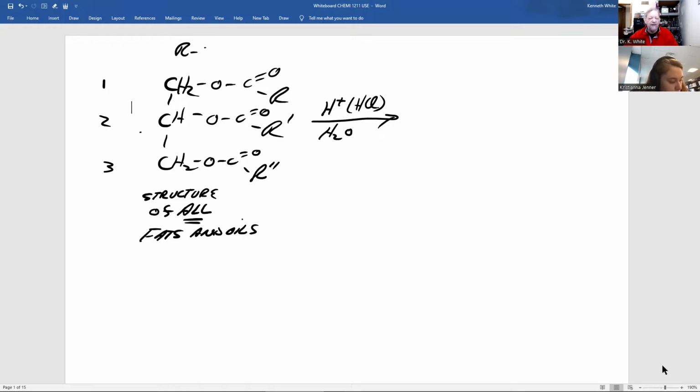Remember, I'll do H plus, water, acid hydrolysis of an ester. You get back the alcohol plus the carboxylic acid you would have used to make that ester. So why don't you try, and what are the products for that reaction?